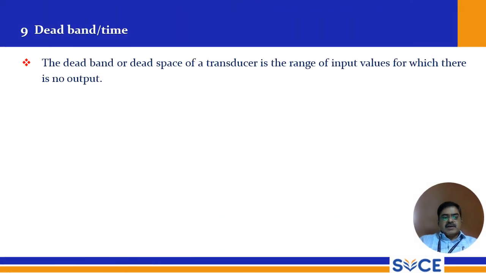Then we have dead band or dead time. The dead band or dead space of a transducer is the range of input values for which there is no output. You are giving input but still there is no output observed. That band of input values is known as dead band.